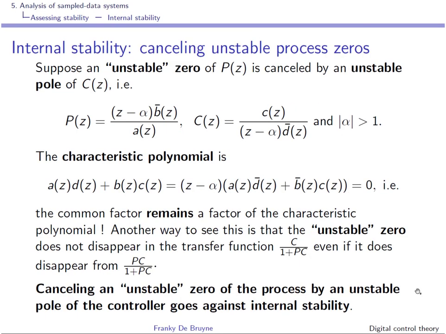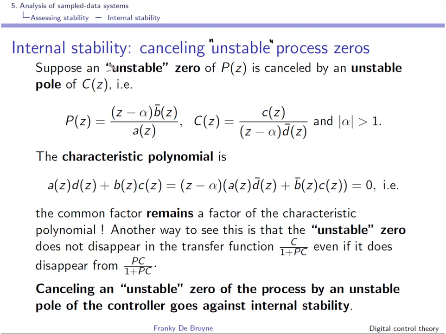Next, we consider the situation where an unstable zero of the process, this is again between quotes here, is cancelled. So we have a process P of z in which we have a so-called unstable zero. Okay, here it is, alpha in modulus is larger than 1.